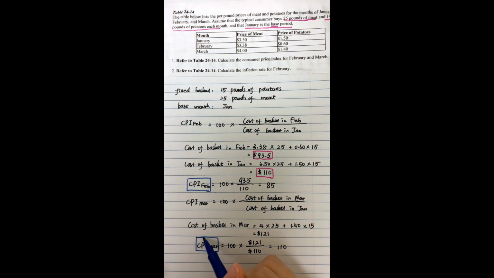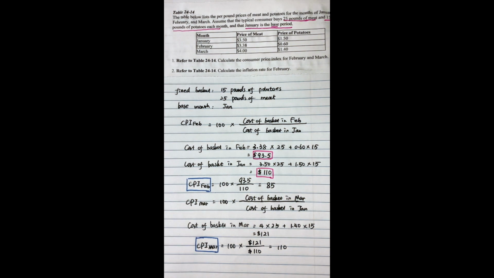So this is the way that we can compute the CPI. We first need to know what's the fixed basket and then what's the base month. Sometimes the question might ask you what's the base year, okay? So first step, find out the fixed basket, and then you need to identify the base year.